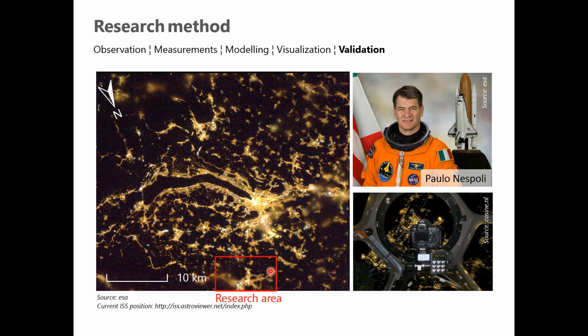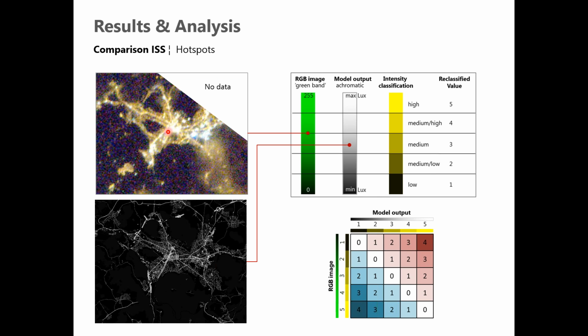He took this image over the Lake of Zurich here, and my research area is this very little patch here, unfortunately. It was an image taken by a DSLR camera, a normal Nikon camera, and I processed it in a way that I could compare it with my modeled image, and I compared these two images.